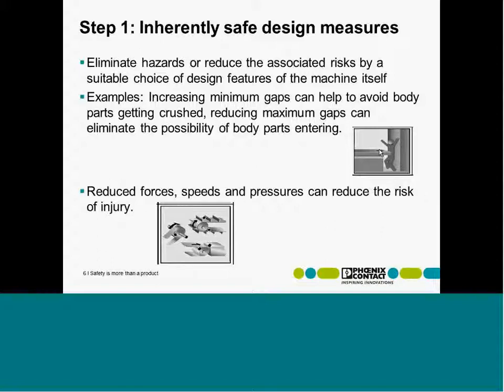Another example is to reduce forces, speeds, and pressures for movable parts on the machine. These are internal design parts, and that's the reason why it's called inherently safe design measures. So this is the step where the design has a direct influence on the machine risk. That's the only step to eliminate hazards or reduce the associated risk by a suitable choice of design features of the machine itself. So this is an essential part of the design process.